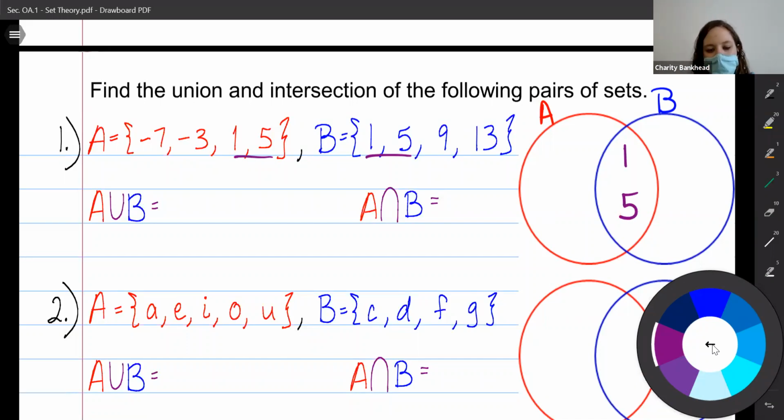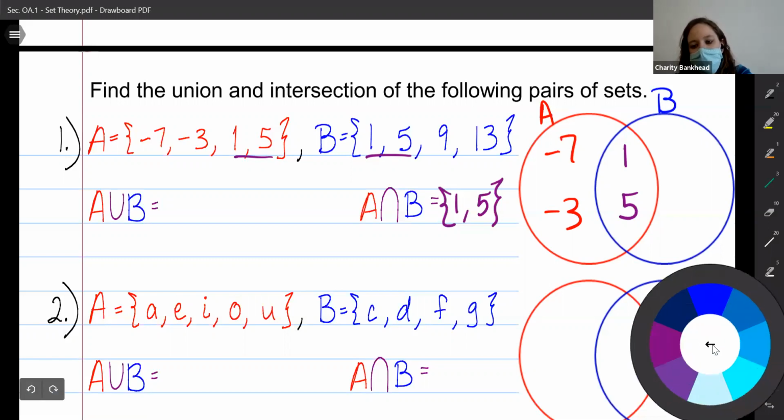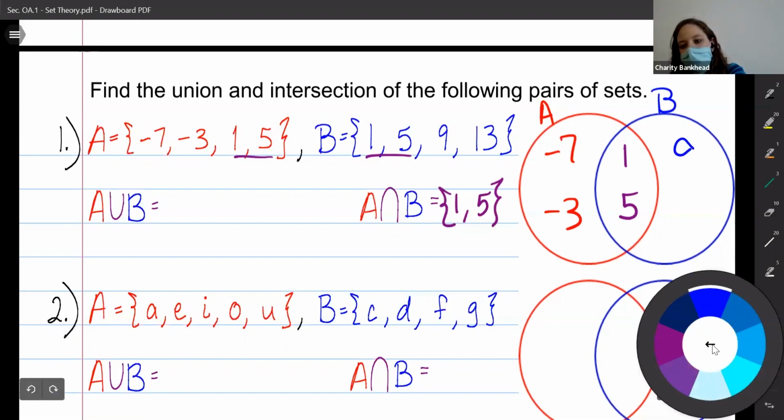I could write that down: the intersection, and you need to use curly braces to show that it is a set containing the elements 1 and 5. Then the other elements of A would be -7 and -3, and the other elements of B are 9 and 13. So that's how your Venn diagram looks.